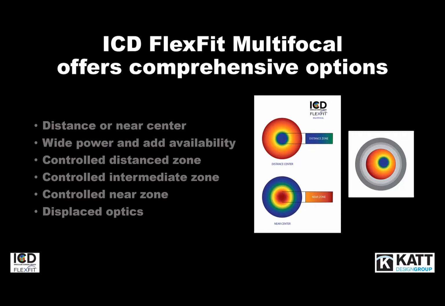For instance, the lens is available as a distance or near center optic. There's a wide parameter range and add availability. You can control the distance zone, the intermediate zone, and the near zone, and provide displaced multifocal optics for your patients.